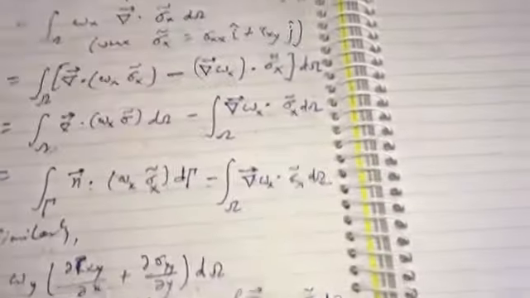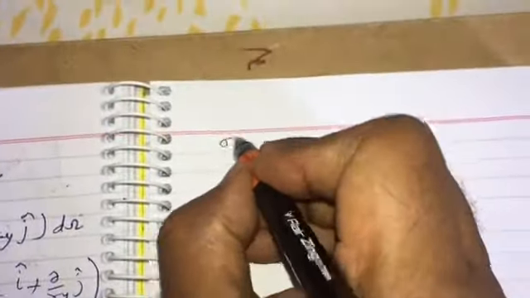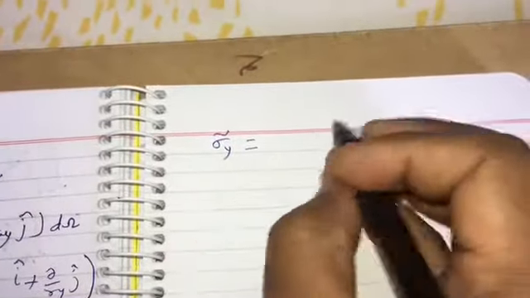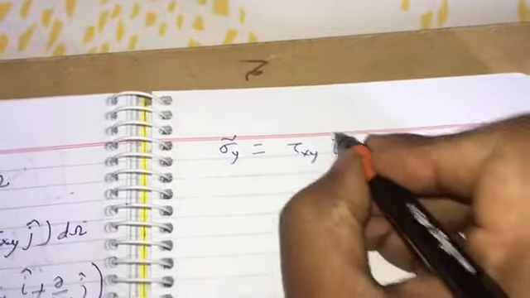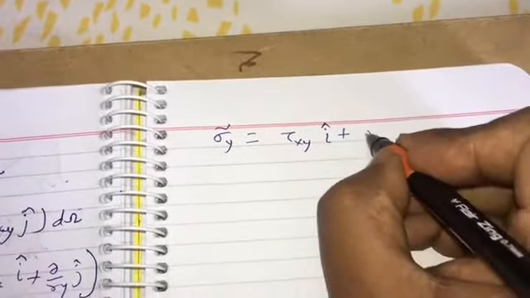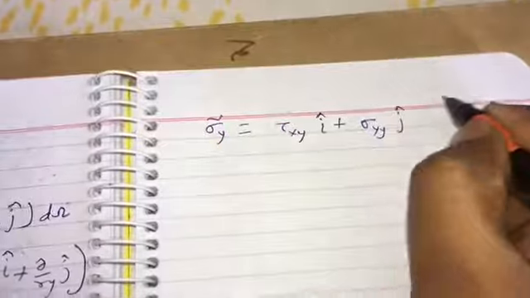Of course, here we have to define what sigma y is. Sigma y here is nothing but tau xy i plus sigma yy j.